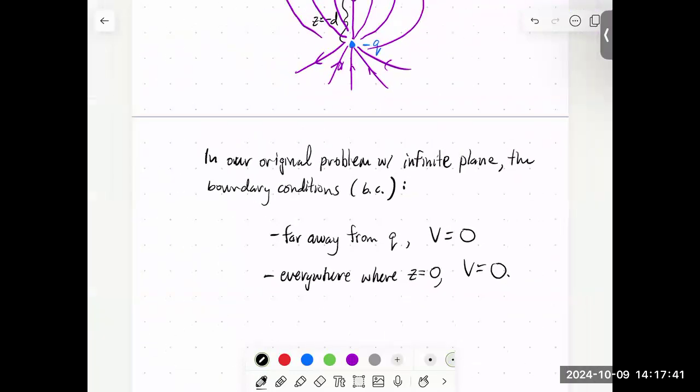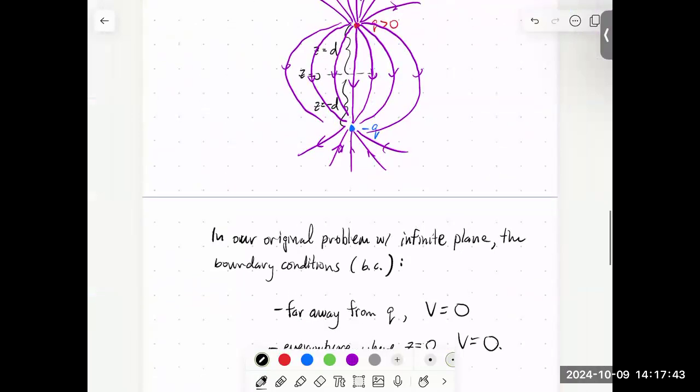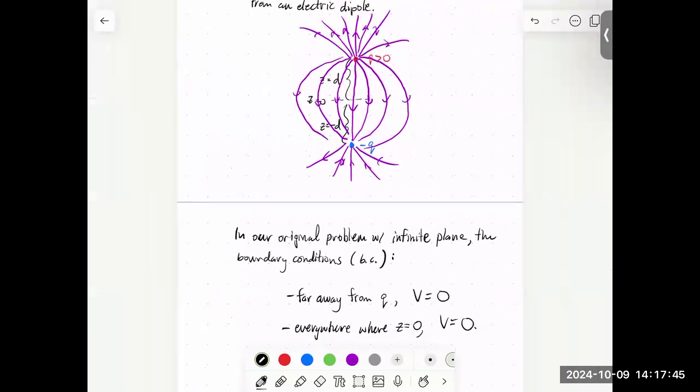Well, if we now look at our dipole, if I was at Z goes to infinity for the dipole, what's the potential going to be? 0. If I was at Z equals 0, the potential is going to be 0 again, right?